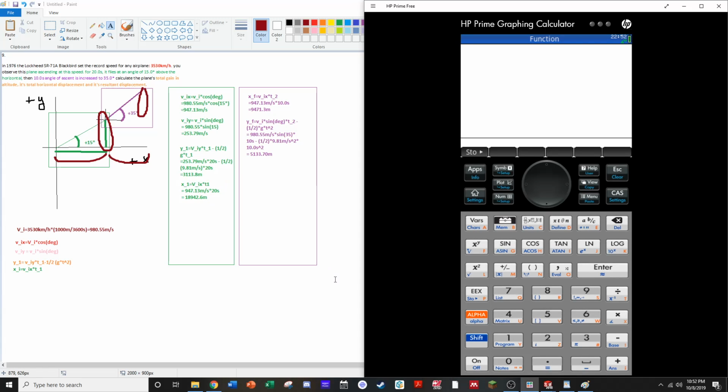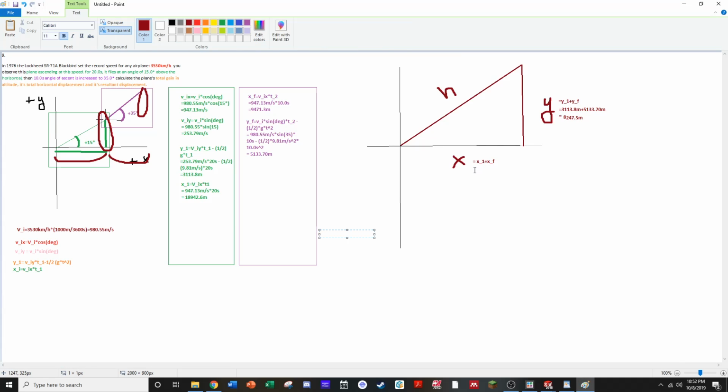So now we're going to do the x values. You know what? I don't think, oh, yep, I didn't write it in yet. So we're going to plug the values in. So it was 18,942.6 meters plus 9,471.3 meters.